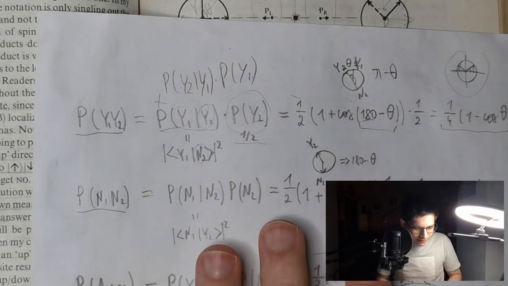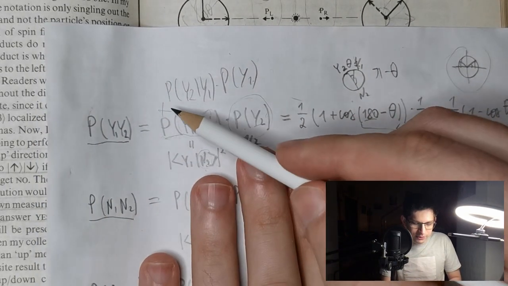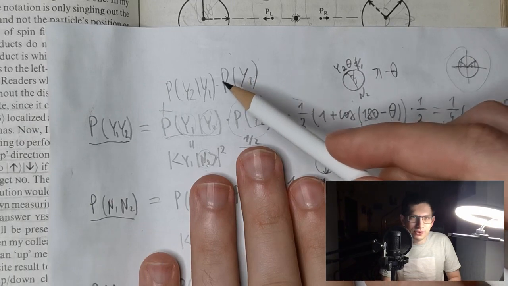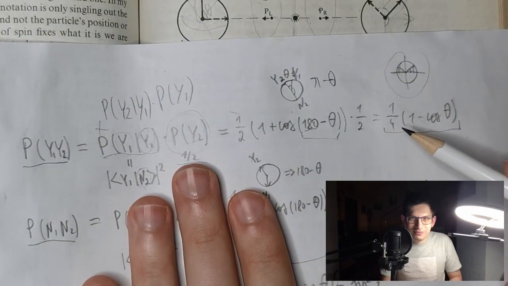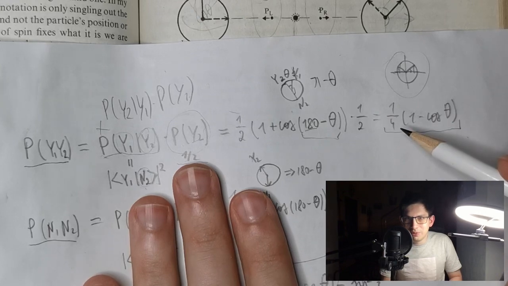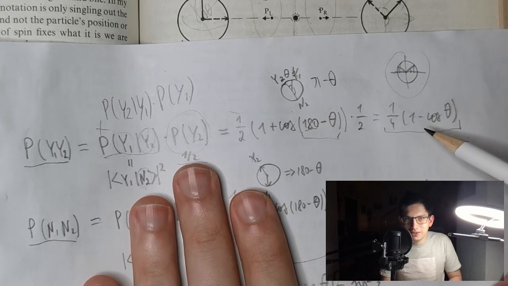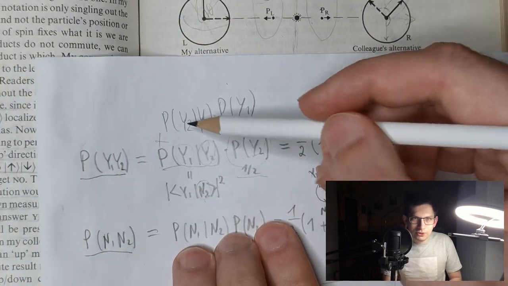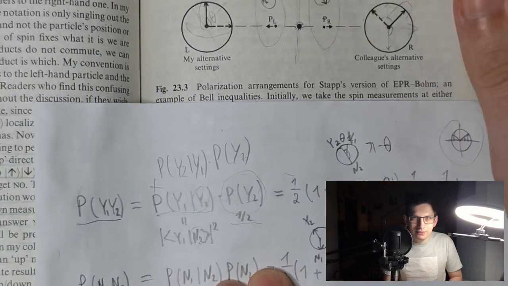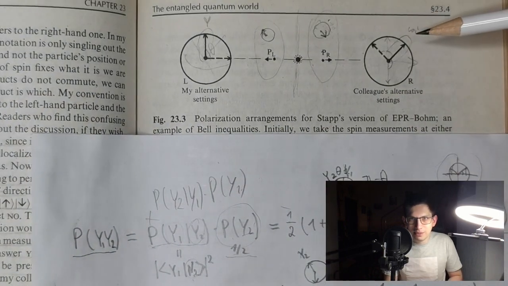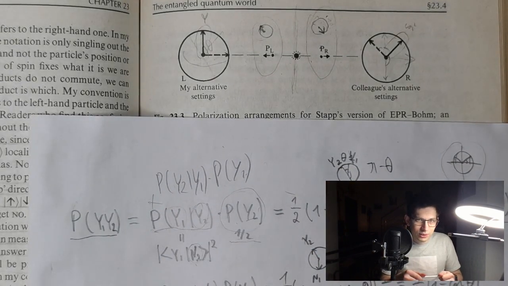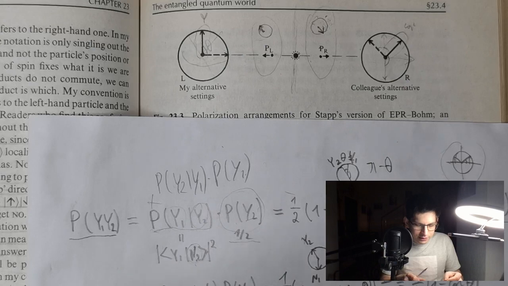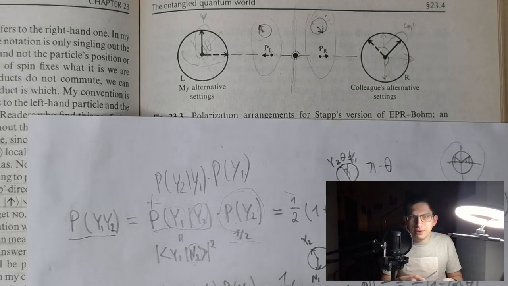Actually, initially I was going to do that, but I understood that I would have doubled probabilities at the end. And what this situation actually means, if you look at the experimental setup, is that we can have some kind of simultaneous measurements done.